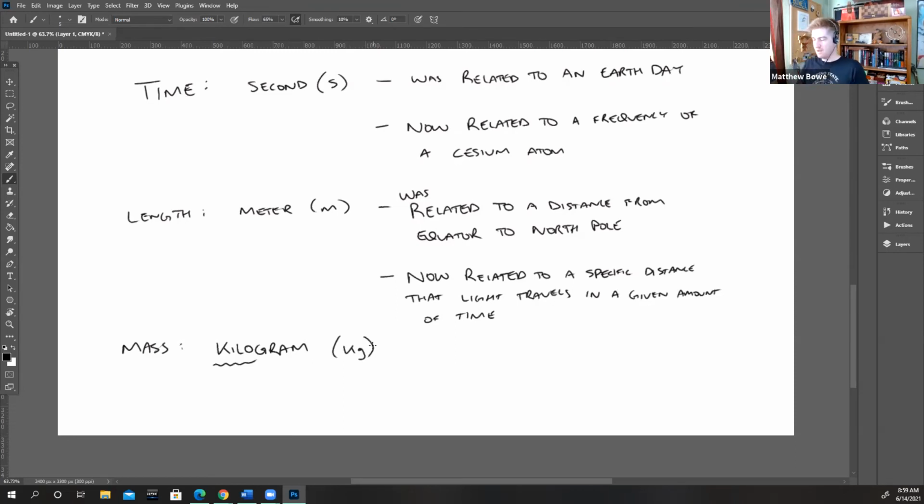So there was something before SI units. There was what's called CGS units. That was sort of the warm up to SI units. In CGS units, it was gram, and I believe meter and seconds also for length and time.